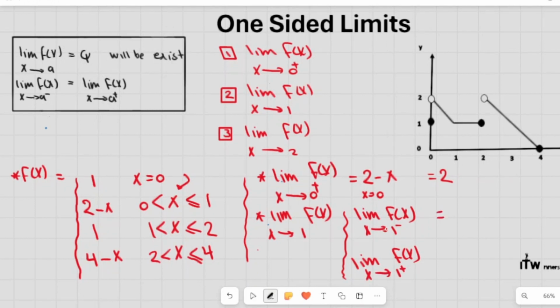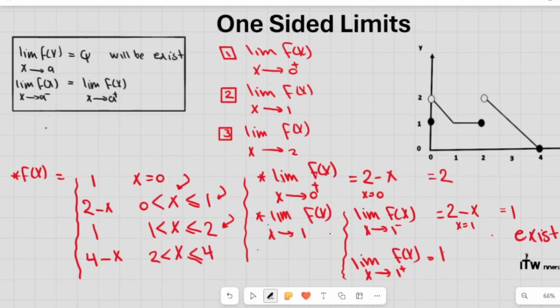That's defined on this interval, so here 2 minus x, and here x equals 1, so we have 1. That's defined on this interval, that's equal to 1. So the limit on the left hand equals the limit on the right hand, so this limit exists.